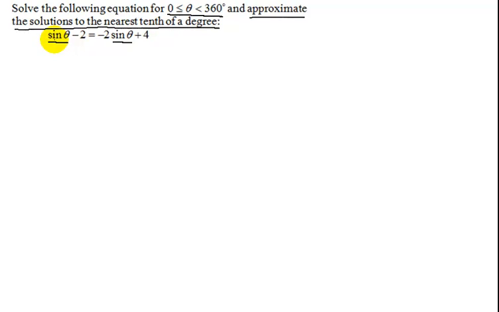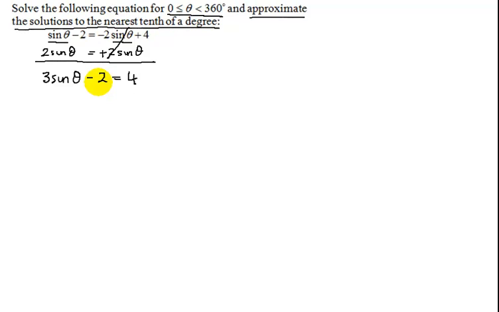So how do you solve any linear equation? You get all your variables on one side, all your constants on the other. So that means that I need to get this negative 2 sine theta over to this side. So I'm going to add 2 sine theta to both sides of the equation. These two are going to add up to 0, so I get sine theta plus 2 sine theta is 3 sine theta minus 2 equals 4.